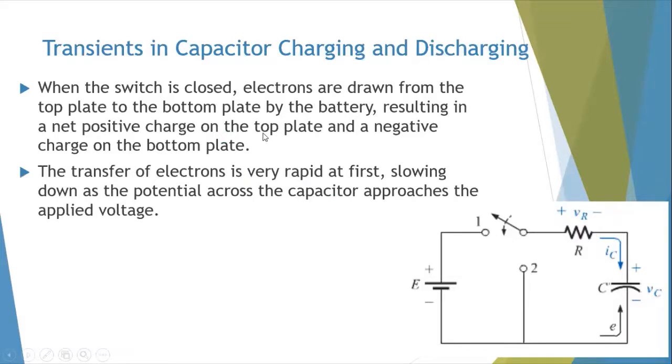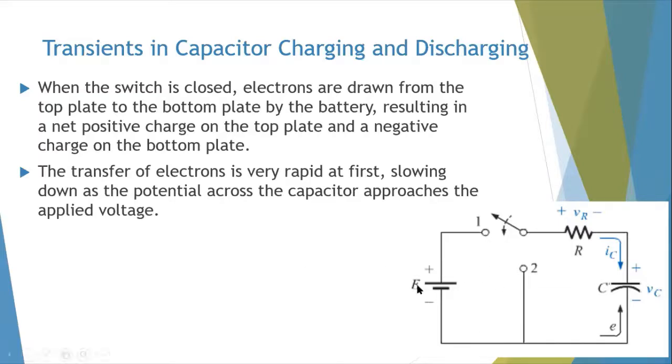There are some notes given there on what I've just explained about what happens when you close the switch. Electrons start flowing until the capacitor reaches a value of capital E. If this is at E and this is also at E in terms of potential, there's no potential difference between the battery source and your capacitor, so you won't get any current, because current flows only when you have a difference in potential.